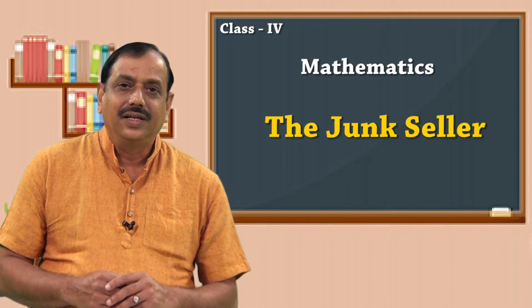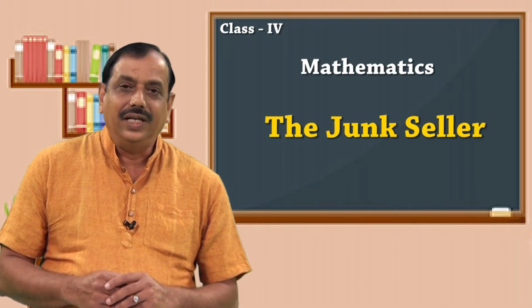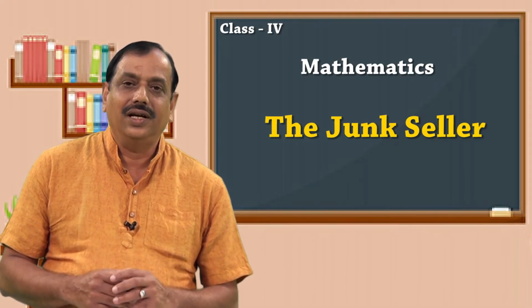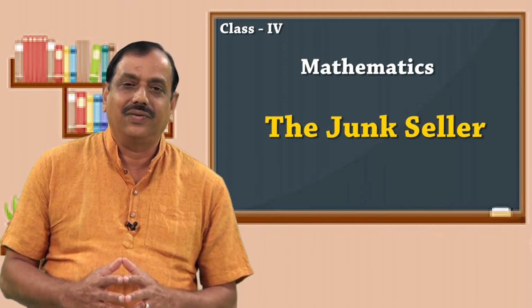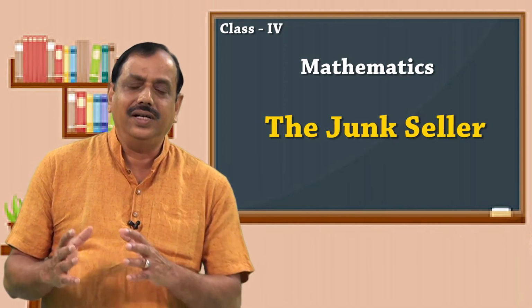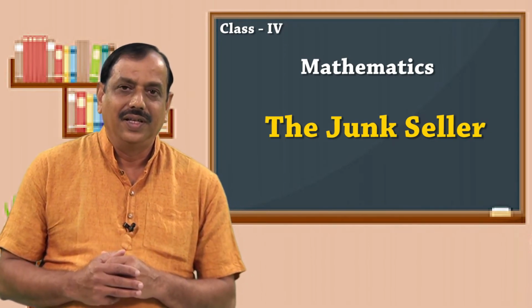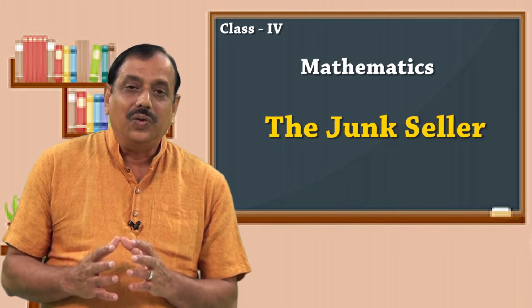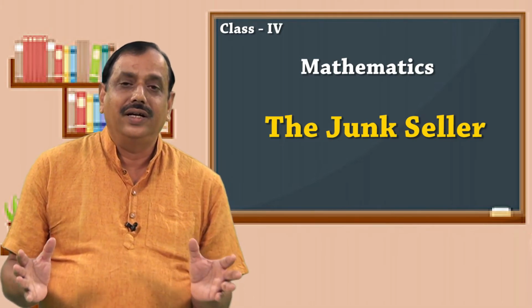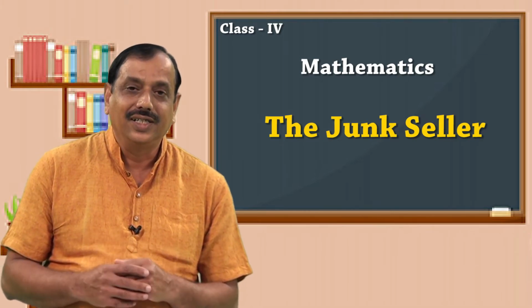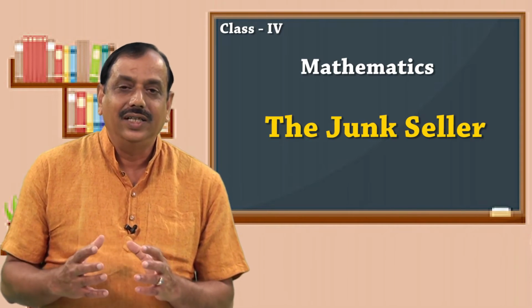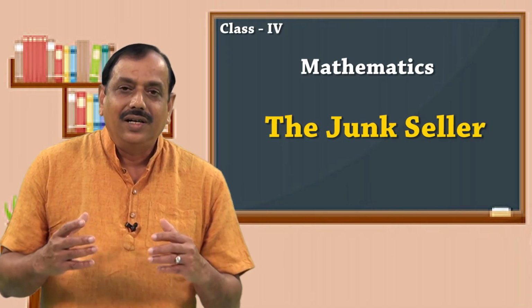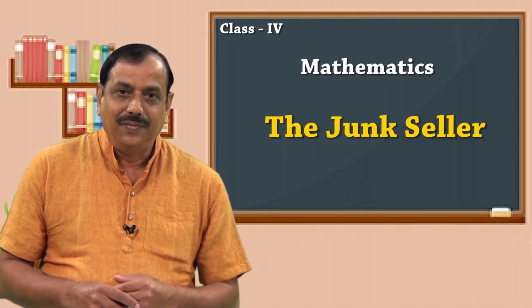Now, in this class we will see how she is going to sell her collected junk from her junk shop to different shops. Before going into detail on how Kiran did her selling business, we will do some mental mathematical activities.